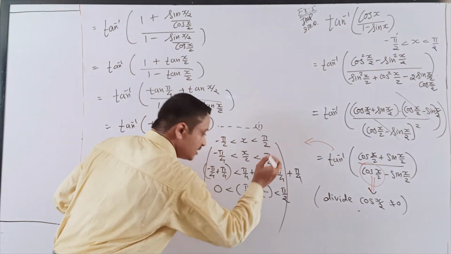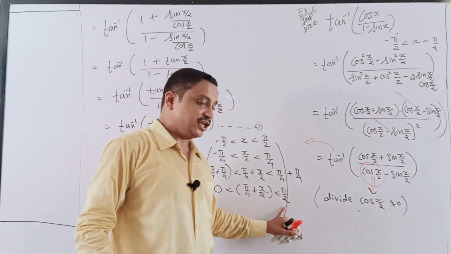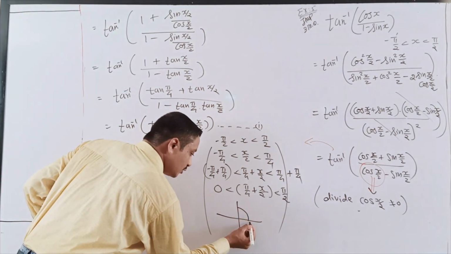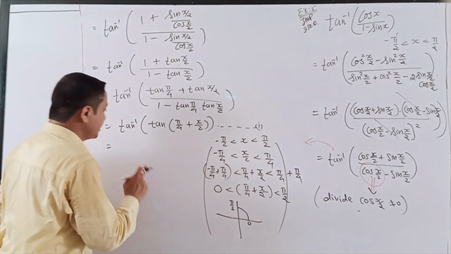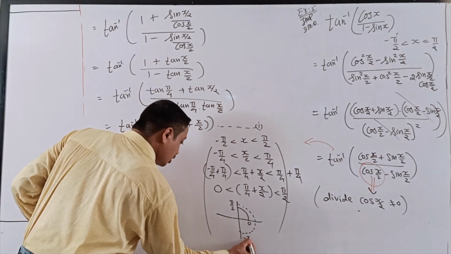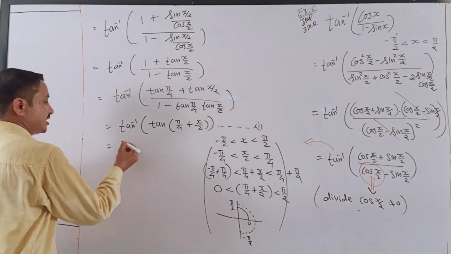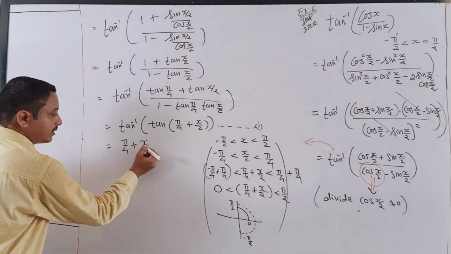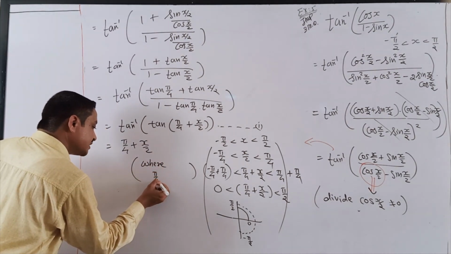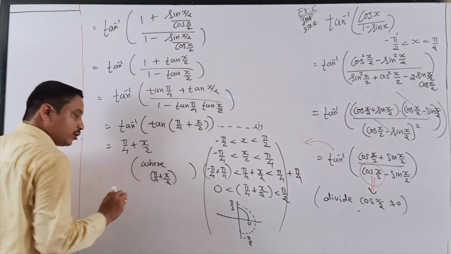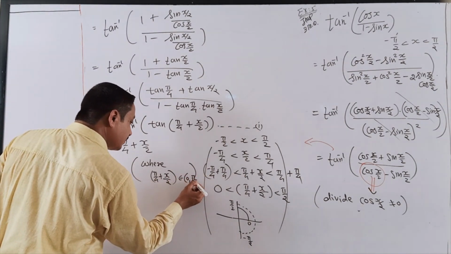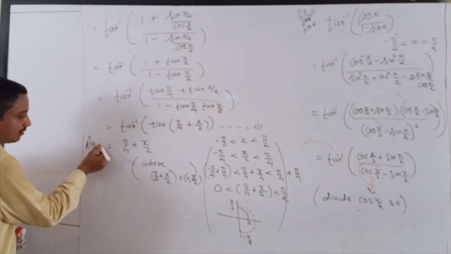90. Check whether the range 0 to 90 belongs to the range of tan inverse. Yes, here 0 to 90. But what is the range of tan inverse? It is minus 90 to 90, so it is surely present in this range. That's why pi by 4 plus x by 2 belongs to the range 0 to 90, and that's my final answer.